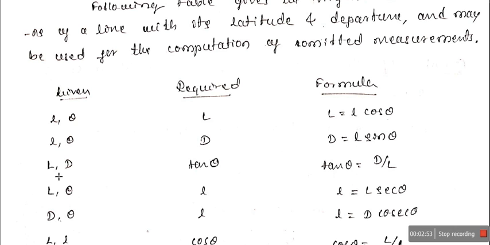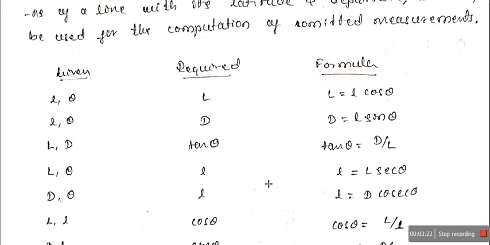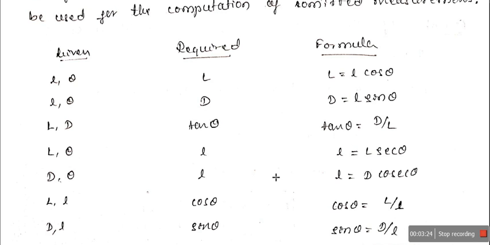But in some cases they give the latitude value and departure value, not the length and bearing of the line. Then we have to find the direction of that line, that is theta. In that condition, we can use the formula tan theta is equal to D by L, by simply applying trigonometrical relations.